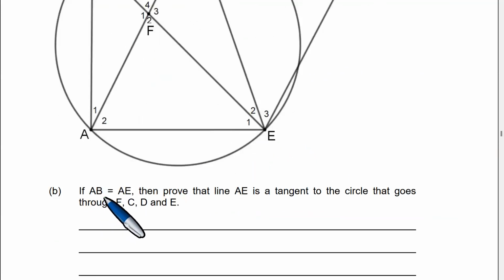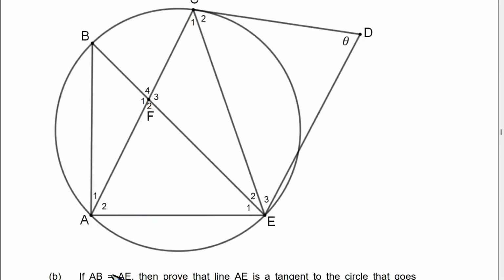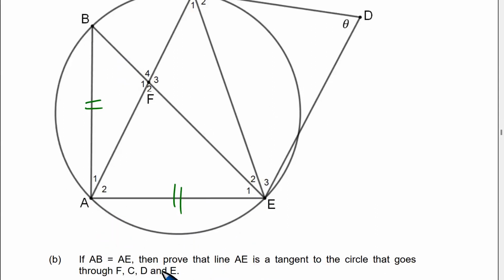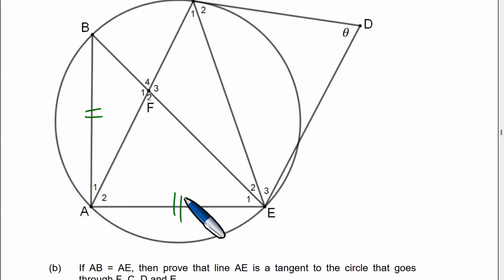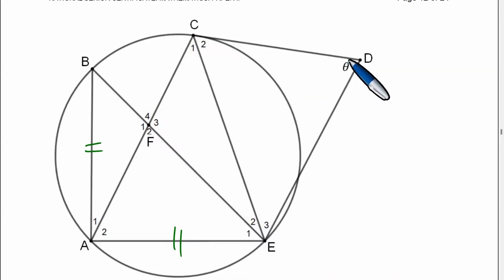If AB is equal to AE, so now we are marking this like this, then prove that line AE is the tangent to the circle that goes through FCDE. AE is a tangent.